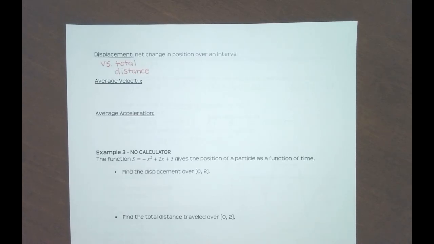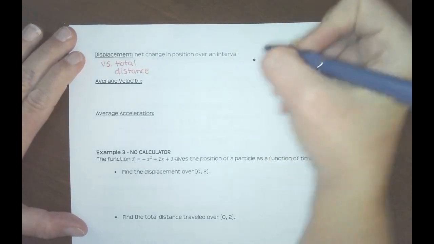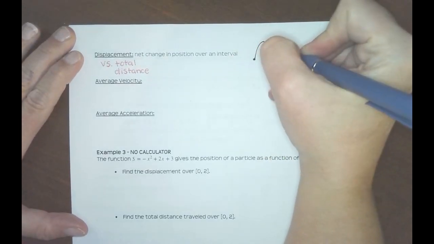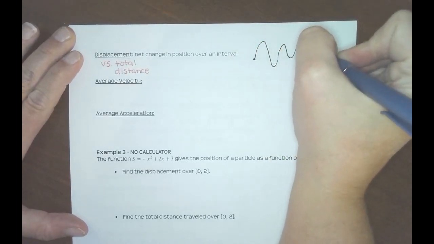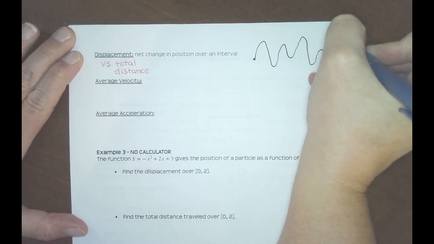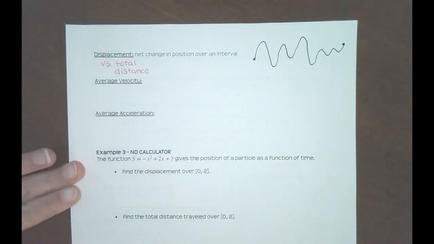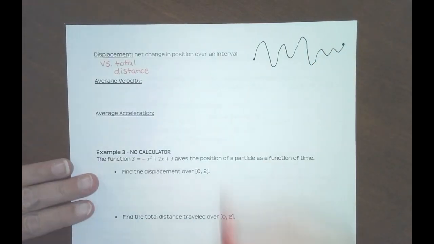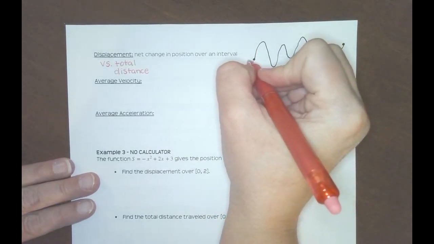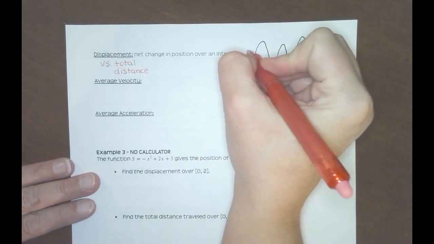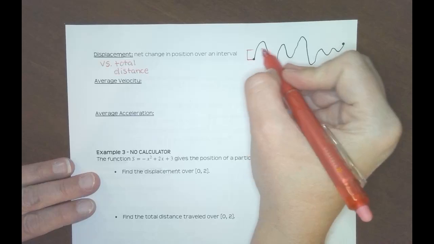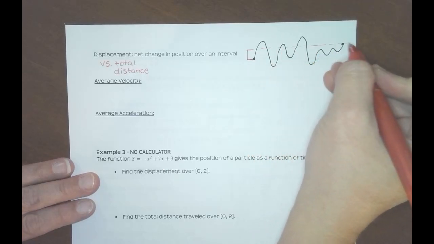What's the difference? Let's say that an object starts here and it goes up and then down and then up and then down and up and then down and up and down and it ends here. Displacement only cares about the distance between where it started and where it ended. So let's just say that that's about where it ended.